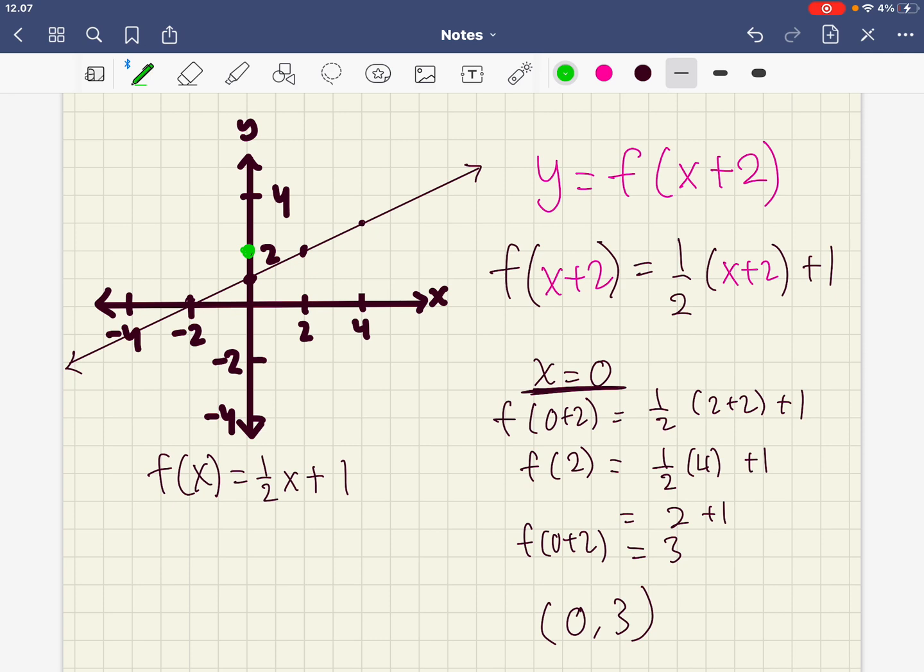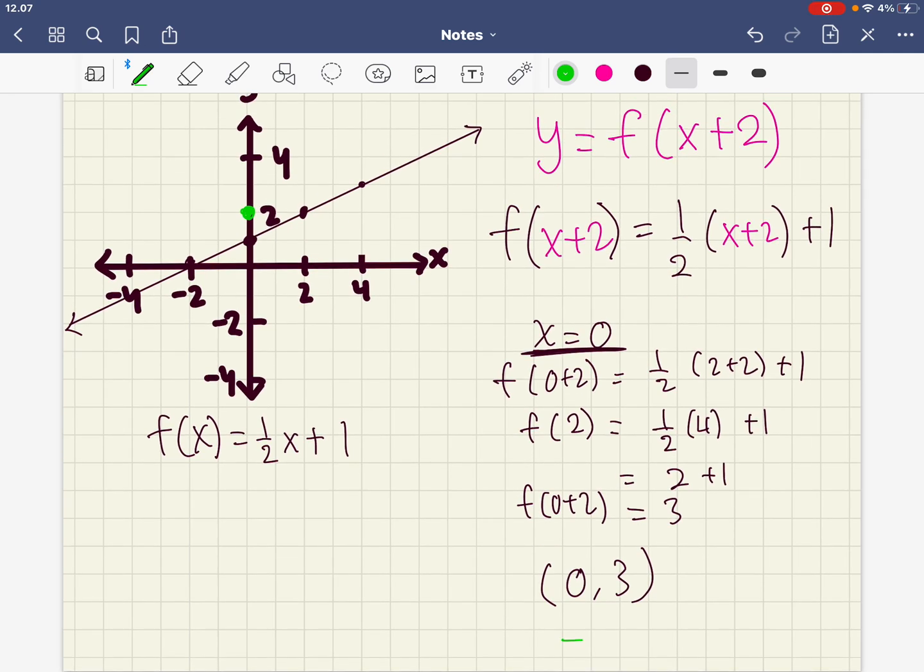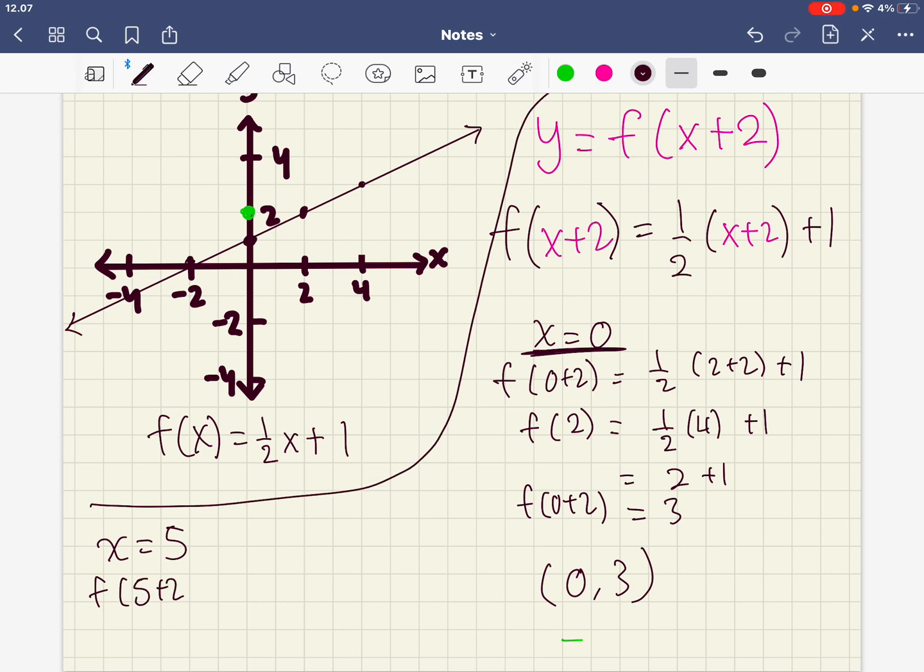Okay, I'm going to have another point. Let's say I'll plug in 5 here. So f of 5 plus 2. I'm still doing f of x plus 2 here, right? Equals 1/2 times 5 plus 2, plus 1. This is 7 divided by 2 plus 1. That's 9 over 2. So that would be 5 and then 9 over 2, which is 4.5, right? So it's right here.